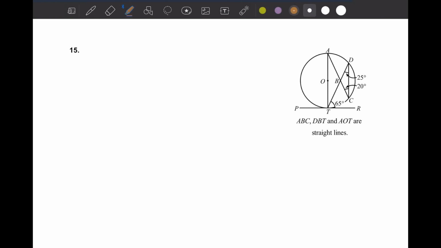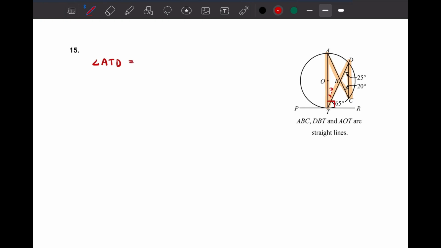So how about we look at question 15. Question 15 again is asking you whether it's a tangent or not. So we have to find this angle here and see if it adds up to 90 degrees with the 65. So how do we find this angle here? There is other information on the other side, and you can see this shape here.